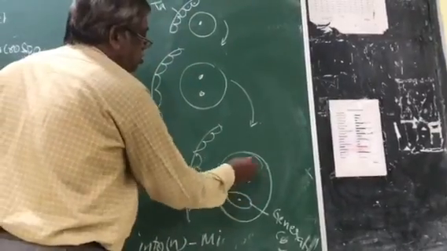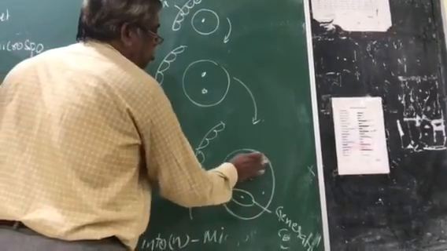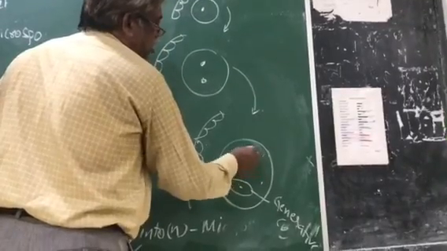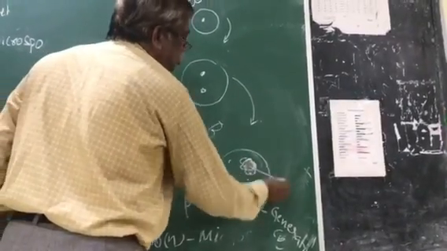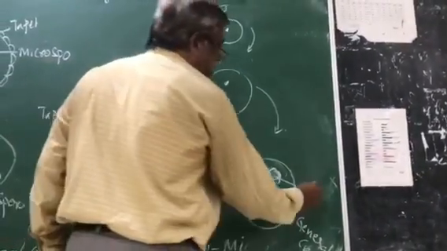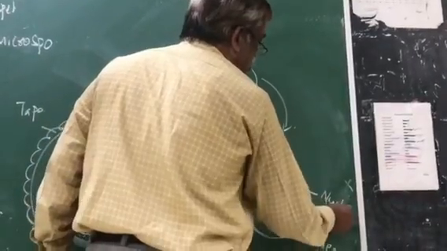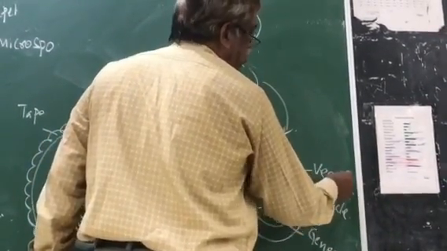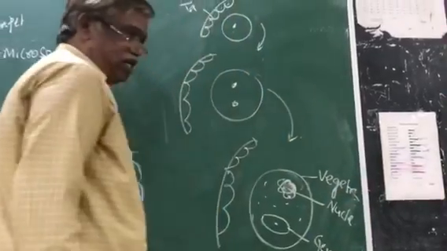Now what is this? Cytoplasm. Now this is the nucleus, a large irregular nucleus. Now this cell is called the vegetative cell. Right.